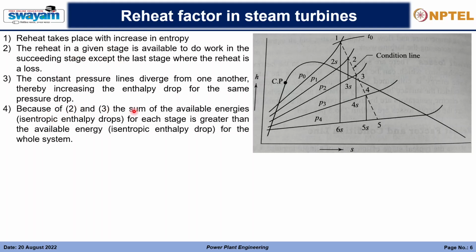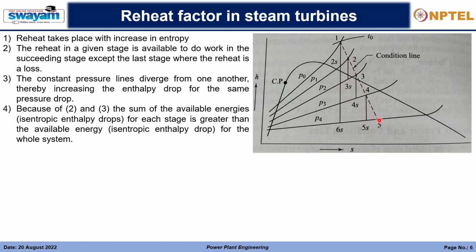Because of this, and the second means the heat which is added to the steam, because of the 2 and 3, the sum of the available energies, that is the isentropic enthalpy drops for each stage, is greater than the total available energy, that is 1 to 6s. So if we go in staging, we are considering the isentropic enthalpy drops: 1 to 2s, 2 to 3s, 3 to 4s, and 4 to 5s.